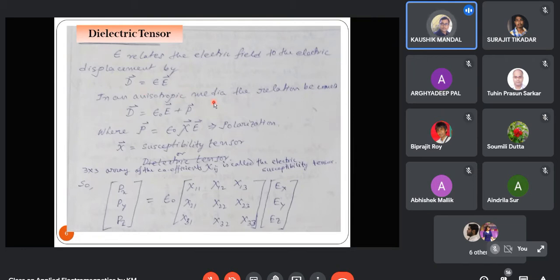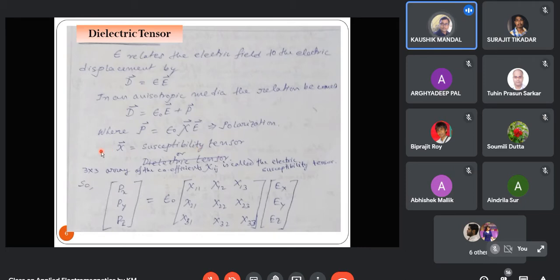Now, in case of anisotropic material, that equation becomes the following one: D equal to epsilon 0 E plus P. Now, in these equations, if we put P equal to epsilon 0 xi E, that is the polarization vector, where xi is the susceptibility tensor.